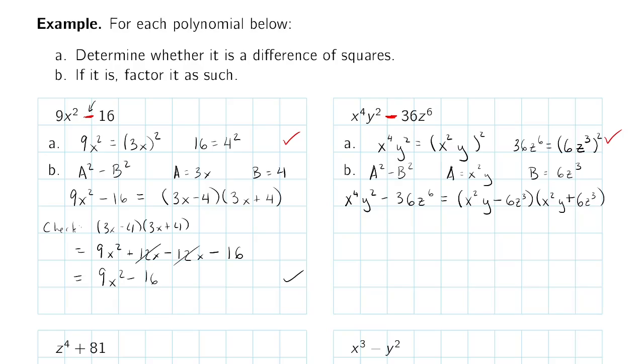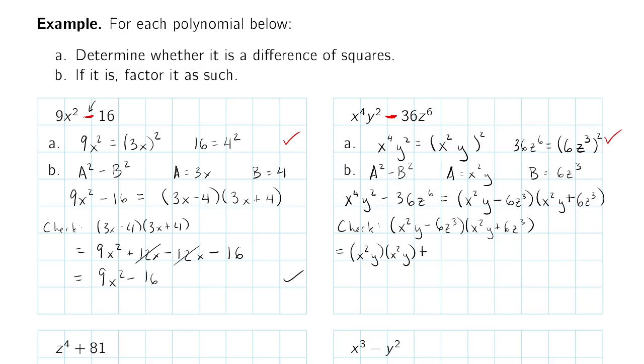Now again, we just wrote that down, so we want to check. We're going to multiply x squared y minus 6z to the third times x squared y plus 6z to the third. So first terms, we'll have x squared y times another x squared y.